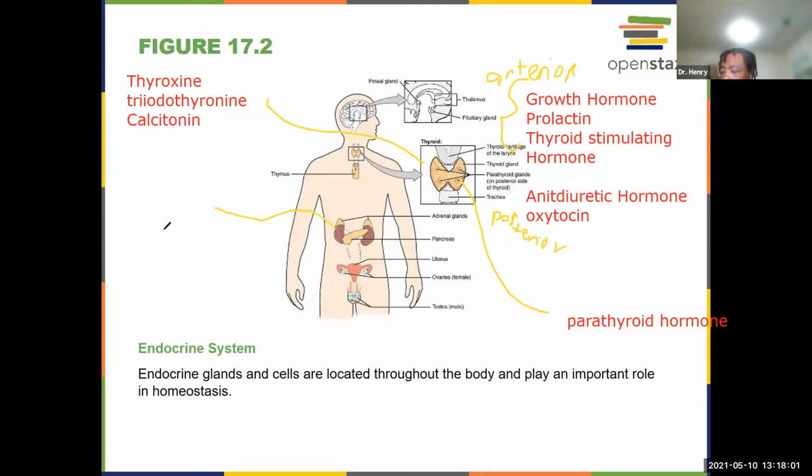The adrenal gland, we have cortisol. We have aldosterone. And we have epinephrine.